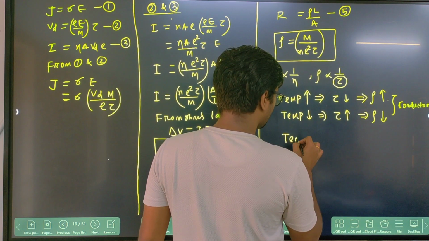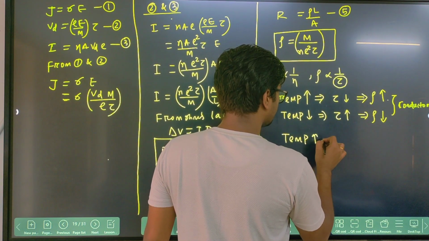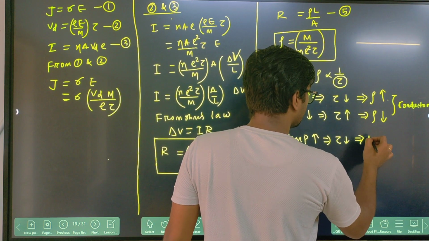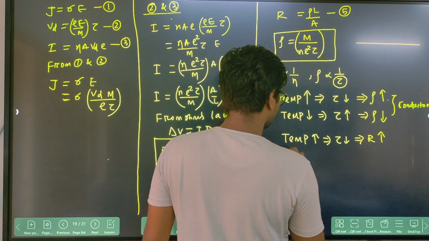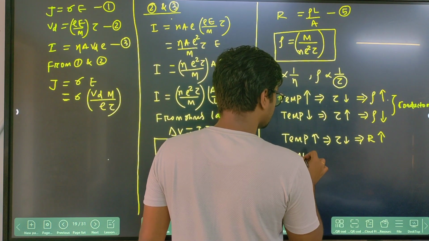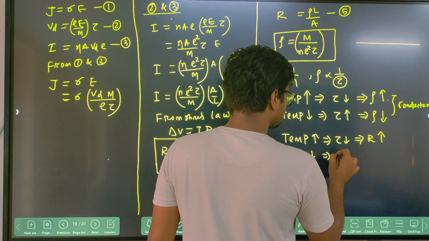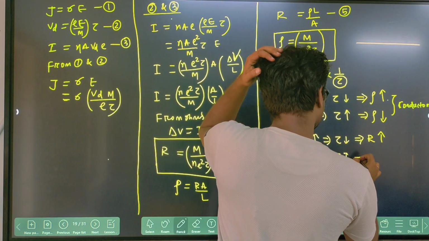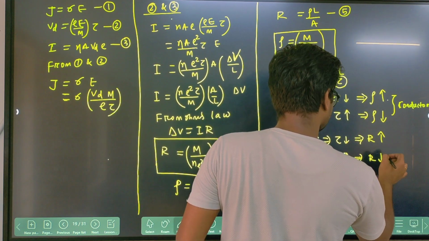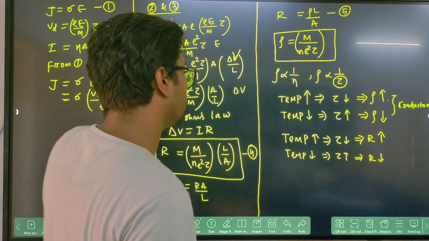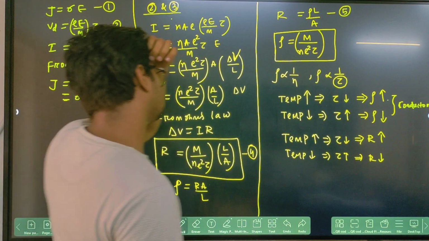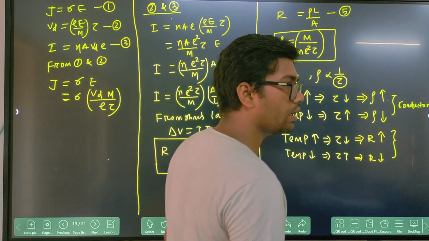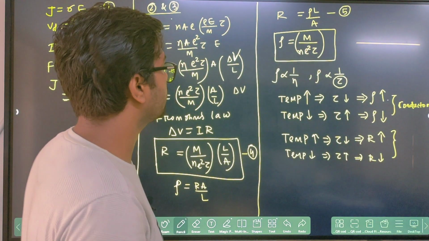Temperature increases, tau decreases, that leads to resistance increasing. Temperature decreases, tau increases and resistance decreases. Again, this is true only for conductors. Clear?